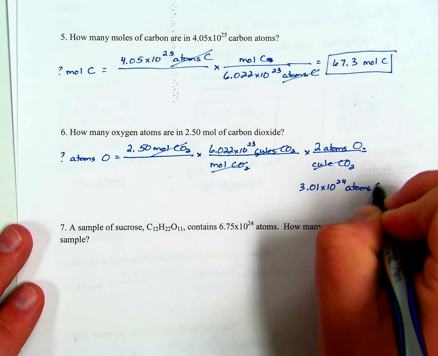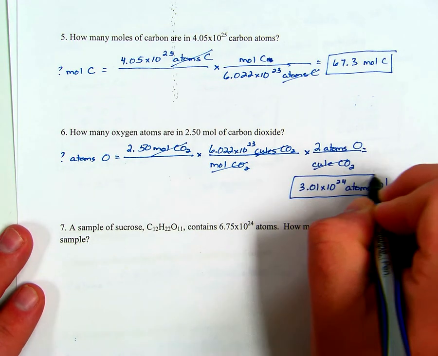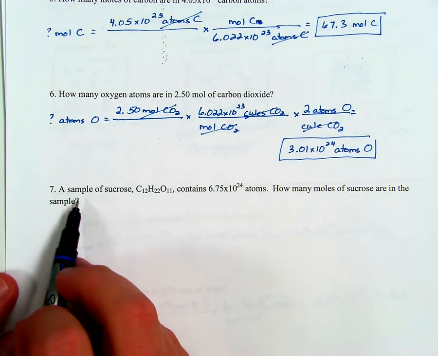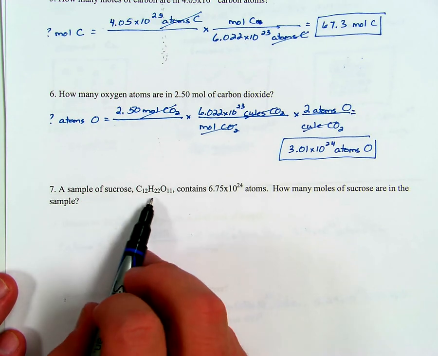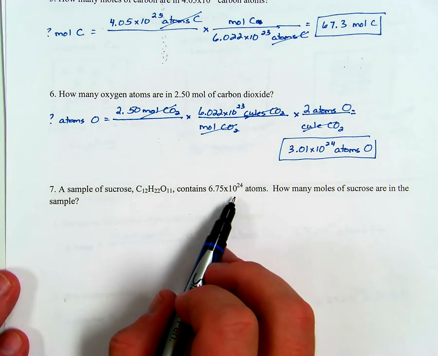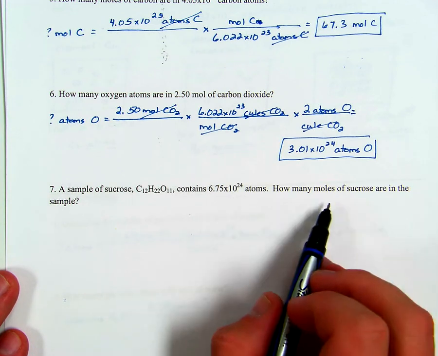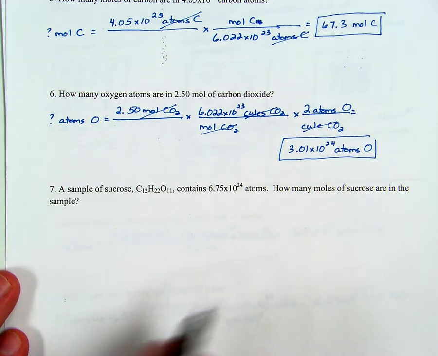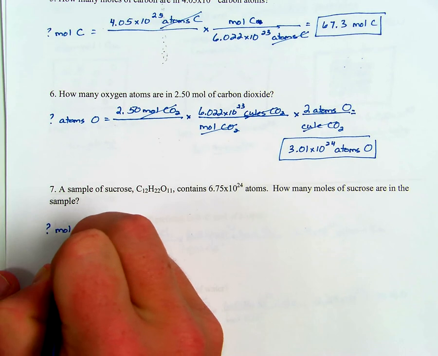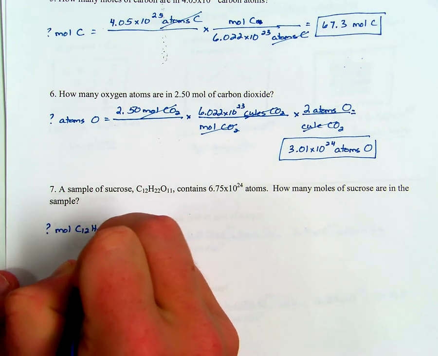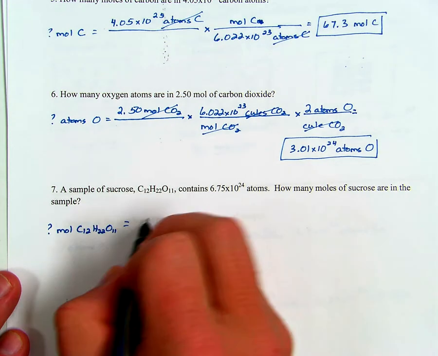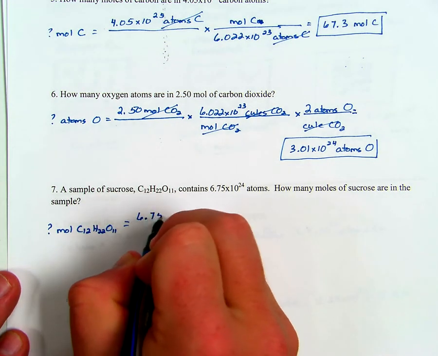And last question. We're told a sample of sucrose, which is C12H22O11, contains 6.75 times 10 to the 24th atoms. How many moles of sucrose are in the sample? Okay, so we're asked how many moles of sucrose, so how many moles C12H22O11. That's what I'm looking for, and we're told that this sample contains 6.75 times 10 to the 24th atoms.